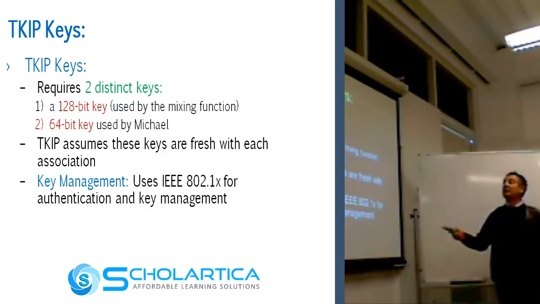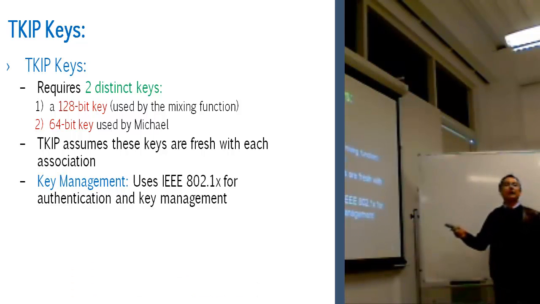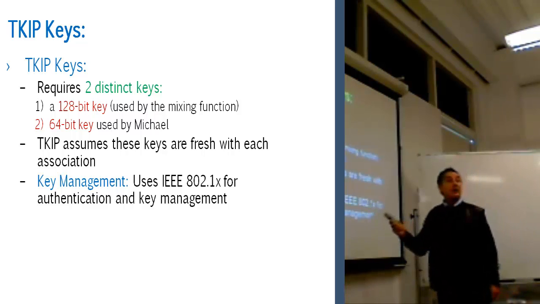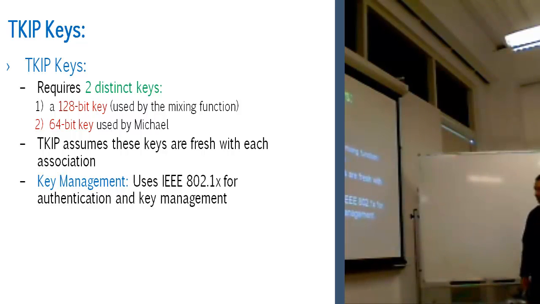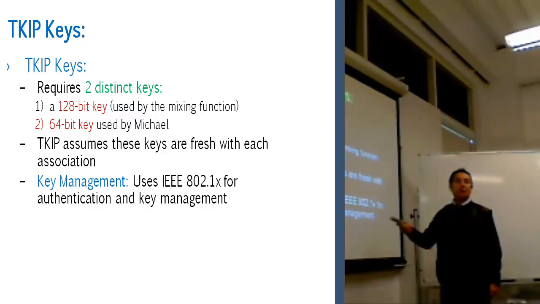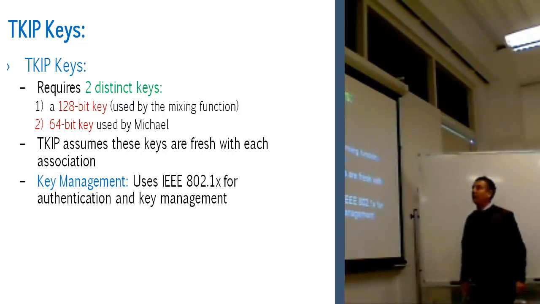And then a 64-bit key is used by Michael, and we are using this for MIC calculation. In other words, the message integrity code will be calculated by using a 64-bit key length, and the algorithm is going to be Michael.